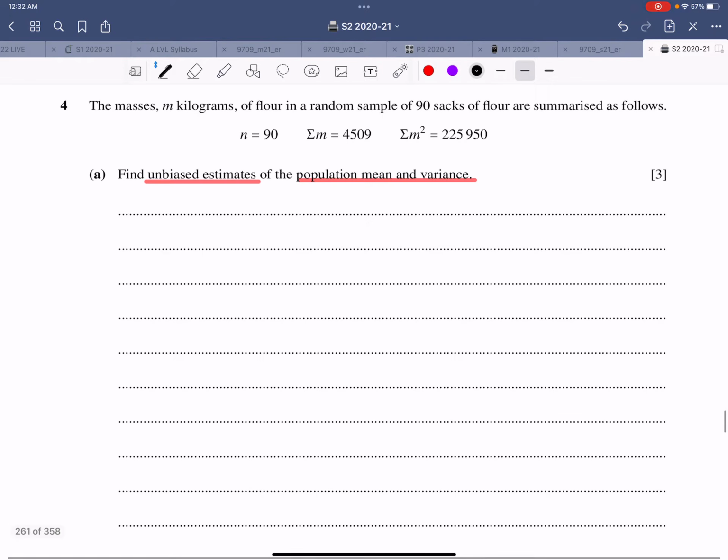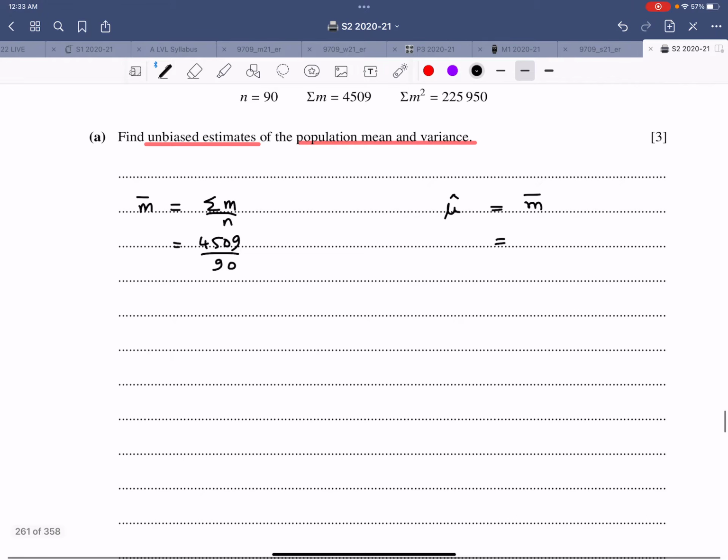So first of all, x bar, or actually it's m over here. So therefore, m bar is sigma m over n, which is 4509 divided by 90. Unbiased estimate of population mean is the same thing as sample mean. That's the first thing. Sample variance is sigma m square over n minus m bar square.